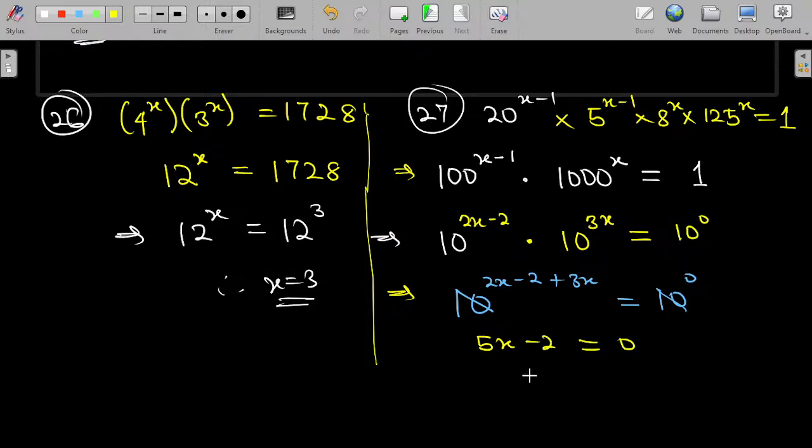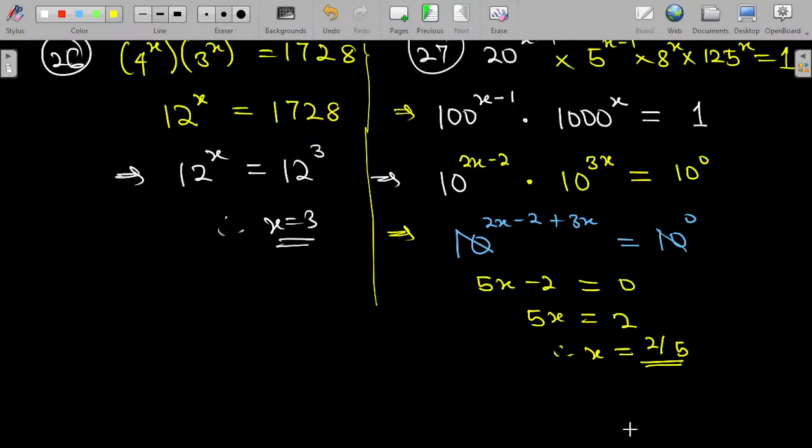Beautiful, and you are done. If you take your minus 2 to the other side, you have plus 2. Divide both sides by 5, and you will get that x is equal to 2 over 5. I love this example also. So we have 2 over 5 as the value of x.